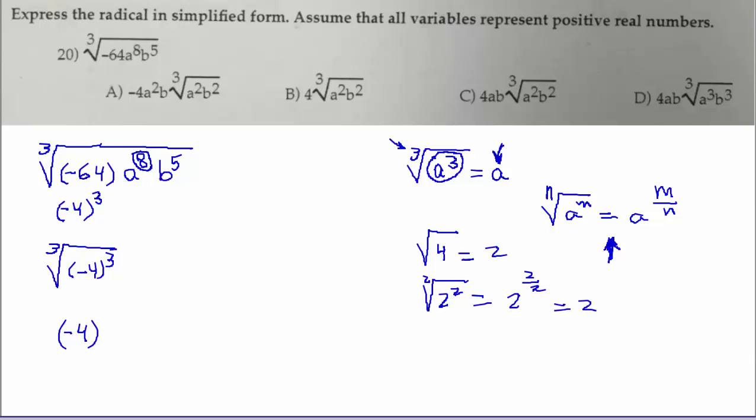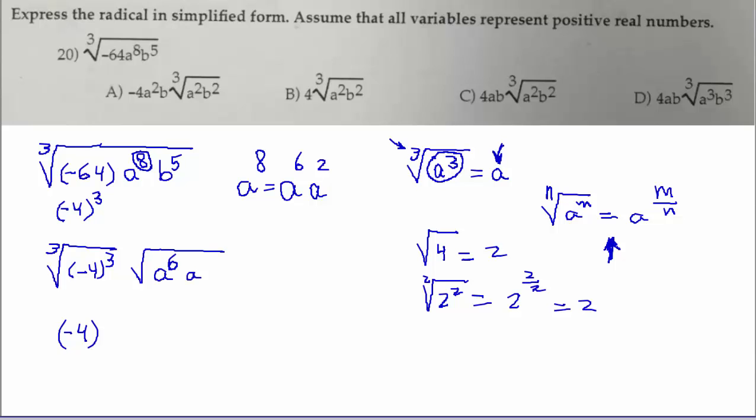So I'm going to break a to the power of 8 into a to the power of, what number would be a multiple of 3 which is less than 8? 6, right? And then the extra would be the 2. So a to the power of 8 is really a to the power of 6 times a to the power of 2. If I write it this way, part of this would be perfectly cubed.